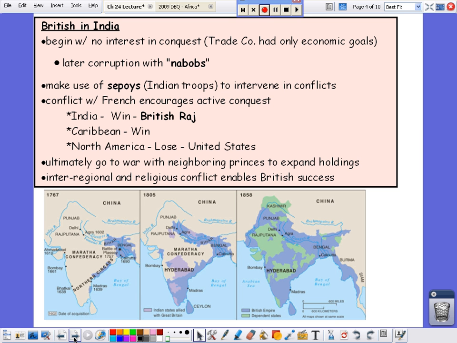It doesn't happen overnight, doesn't happen in one person's lifetime. But over 100 years, the British are able to do the same thing in India that the Dutch do in Java. Go from having zero interest in colonization to total control of this colony.